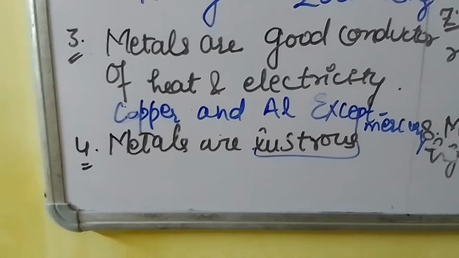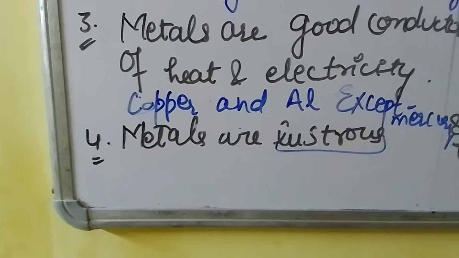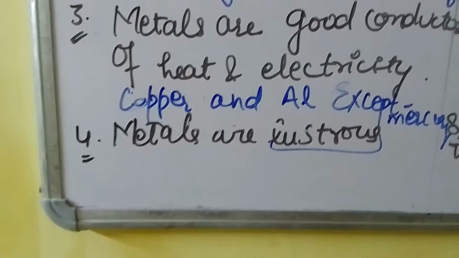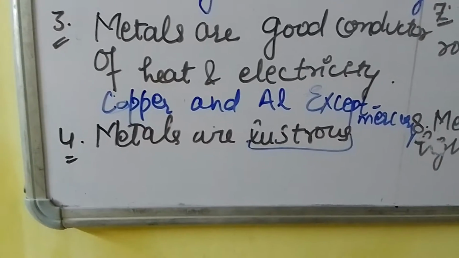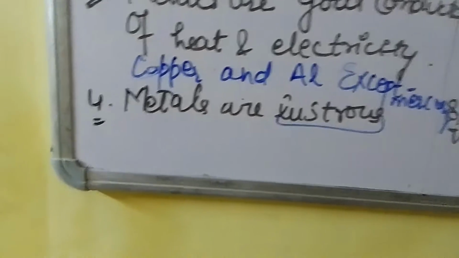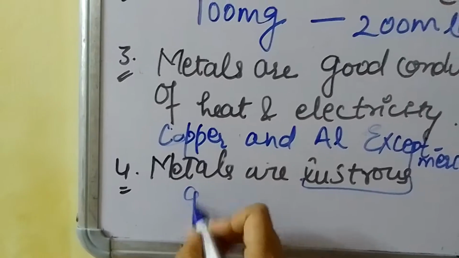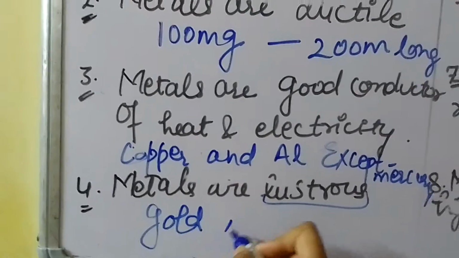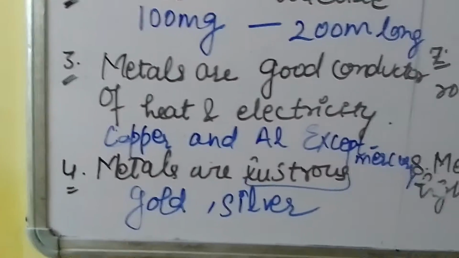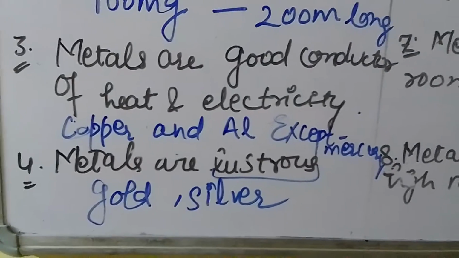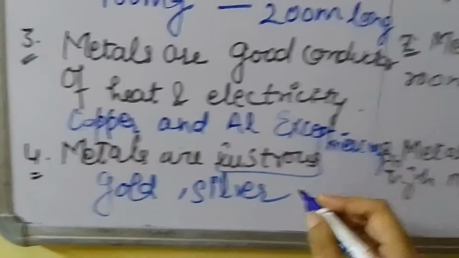This shiny appearance makes them useful in making jewelry and decorating things. You have always seen gold and silver; they are lustrous metals. Lustrous means shine.